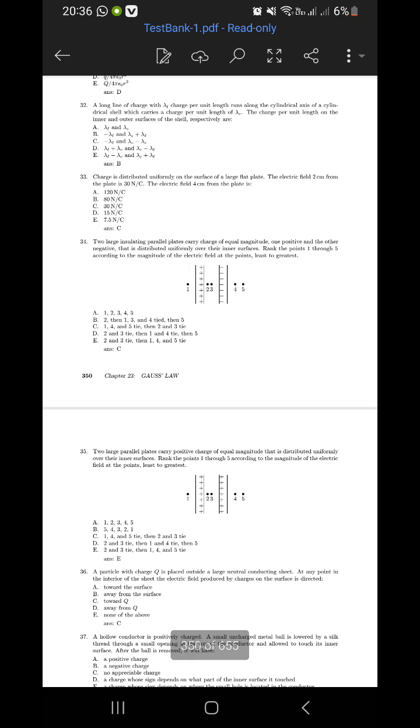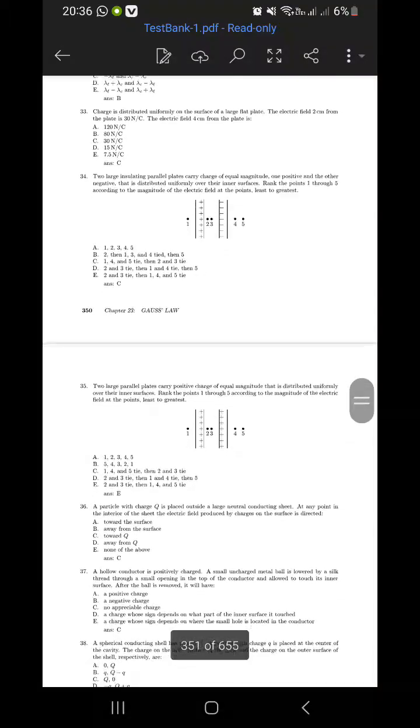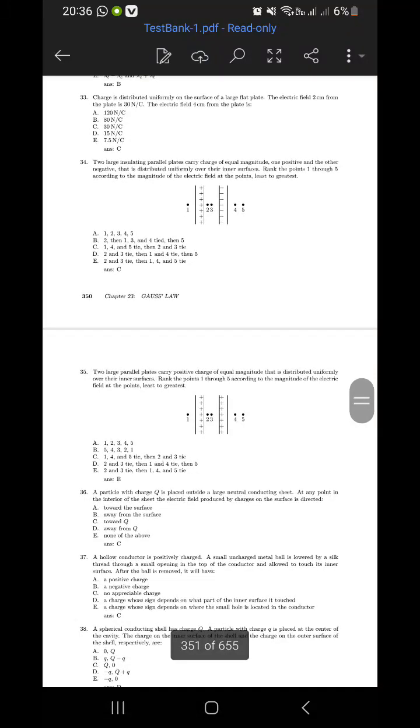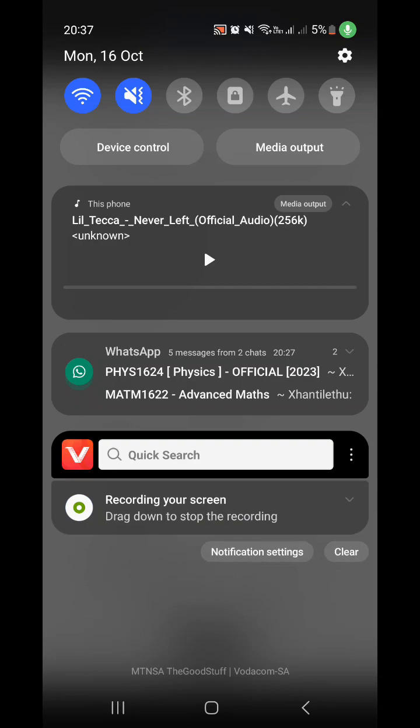Two large insulating parallel plates carry charge of equal magnitude, one positive and the other negative, distributed uniformly over their inner surface. Rank the points 1 through 5 according to the magnitude of the electric field.